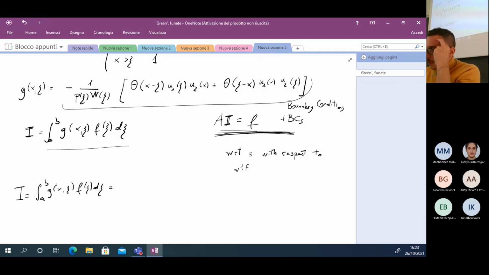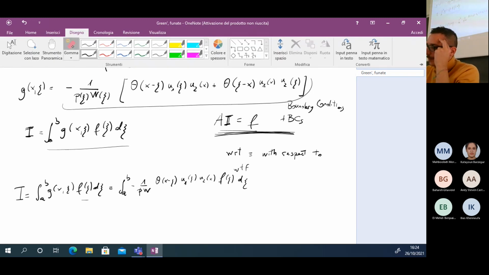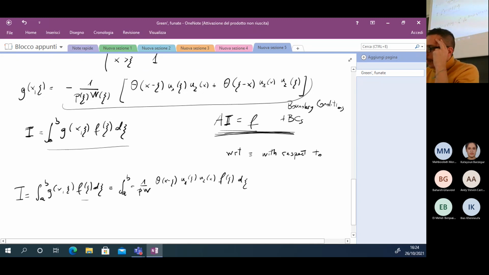So you have the integral between a and b, minus 1 over pW, theta of x minus c, u1(c) u2(x) times f(c) dc.